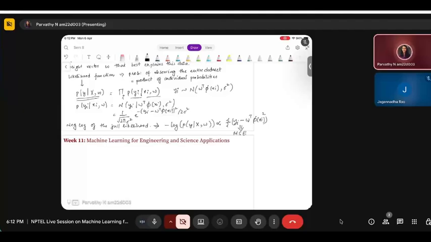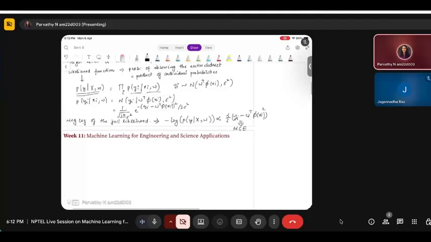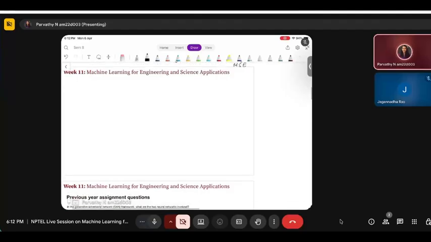Now the problem with maximum likelihood estimation is, as we increase the degree of the polynomial, the weights will become extremely large in magnitude. This will force the model through very noisy training points and will lead to overfitting.